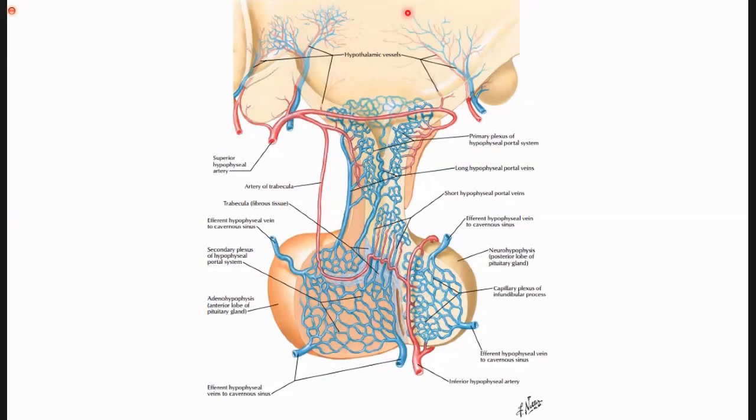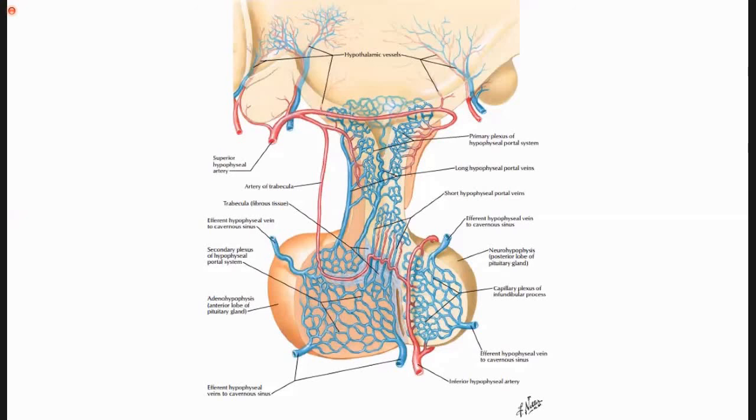Sakina has asked, can you please review the chromophils and chromophobes? Right, chromophils and chromophobes. Chromophobes are the cells which, when we stain the gland with hematoxylin and eosin, hate the dyes. That is, they don't take any stain.